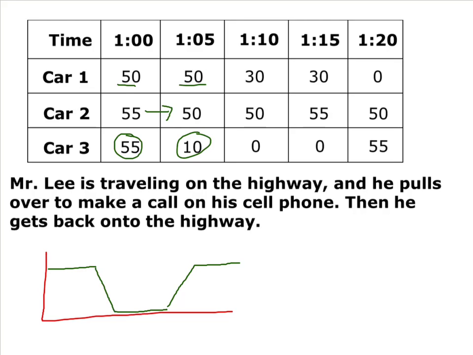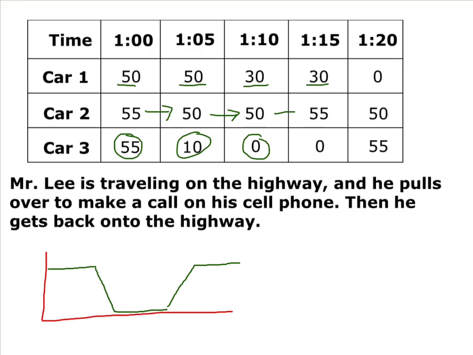Okay, so we know he's slowing down a lot. Now on 110, car 1, if you notice, goes down to 30 miles per hour. Car 2, however, stays the same, stays at 50, so he's not slowing down anymore. Car 3 stops completely. 115, again, car 1 stays at 30 miles per hour.